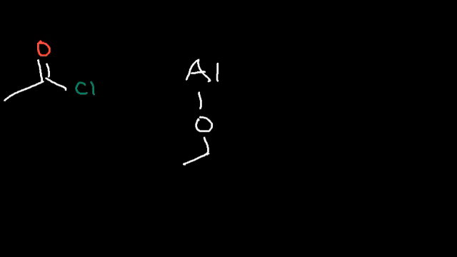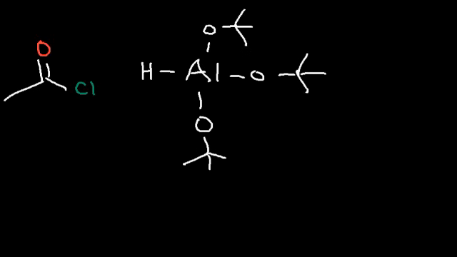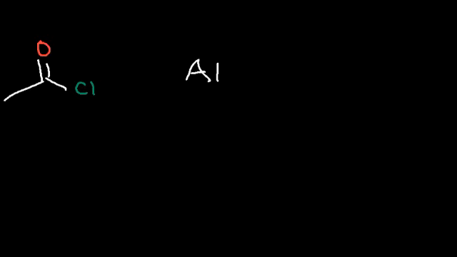So this is the tert-butoxy group. Now there's three of them, and there's only one hydrogen atom. But instead of drawing it like this, I'm just going to write OR, which makes it a lot easier.